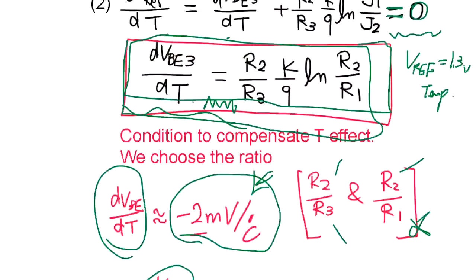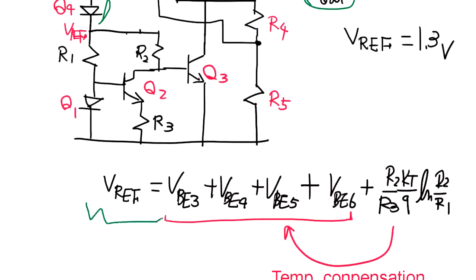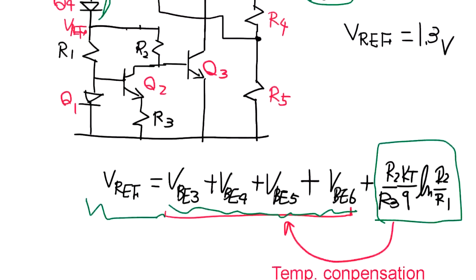This is low voltage. In order to make it higher voltage, what you do is you stack up more diodes here, and when you stack up the diodes, then again this voltage is not going to depend on this guy, because this is going to be all the VBE dependent here. V reference is you stack up more diodes and still have this term, and this time what you do is dVref/dT equals 0.